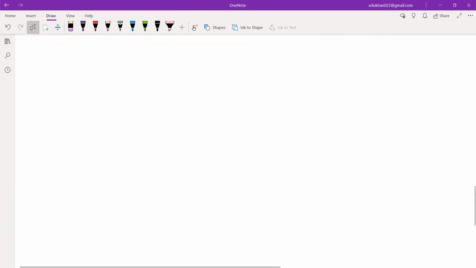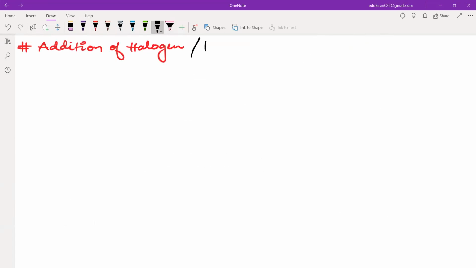Next is the addition of halogen, or halogenation of alkenes. Now in this, you have carbon double bond carbon. Simple reaction.